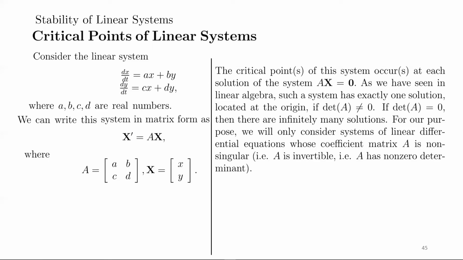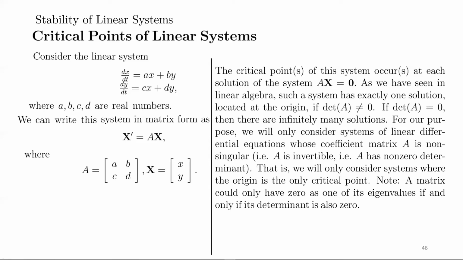Okay, as I said, if the determinant of A was equal to 0, there are infinitely many solutions, so you have a critical line. We don't want that. So for our purpose, we'll only consider linear differential equations whose coefficient matrix is non-singular, i.e. A is invertible, it has non-zero determinant.